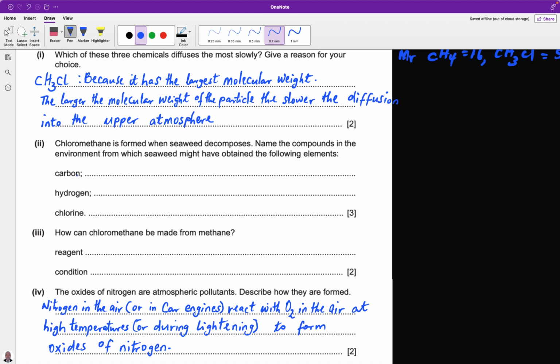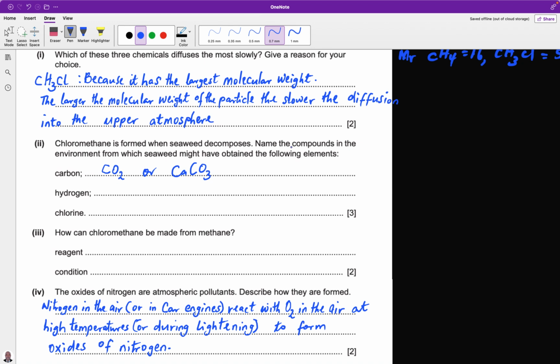Carbon. Seaweed might have obtained carbon from carbon dioxide or calcium carbonate.